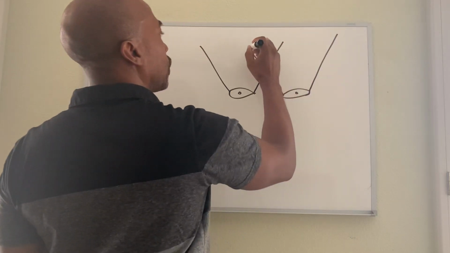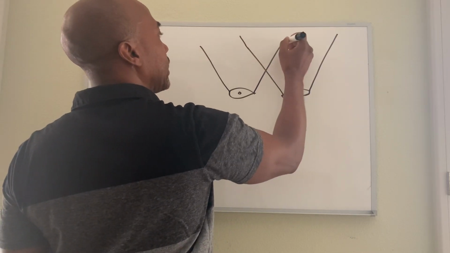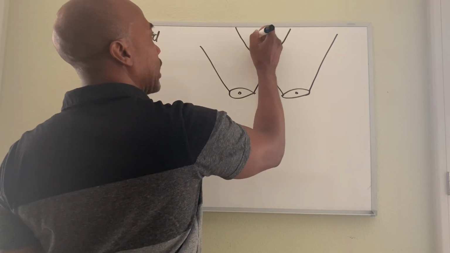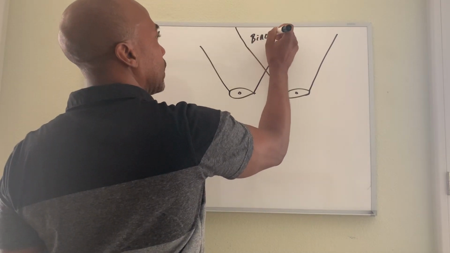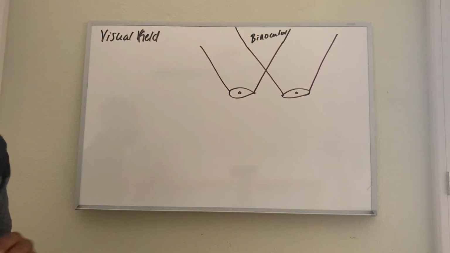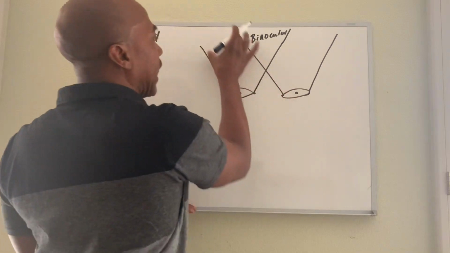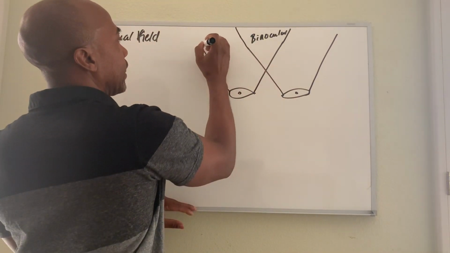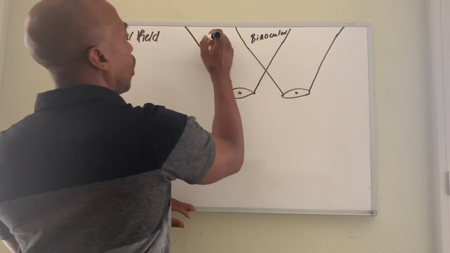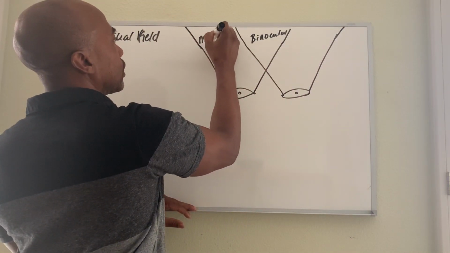Okay. So the area that they both can see together, this area is called the binocular field, because both eyes can see it. Whereas the area that only one eye can see over here, like this and this, we call your monocular field.